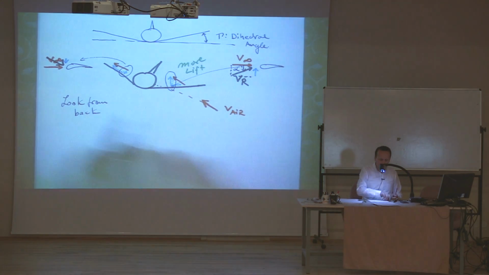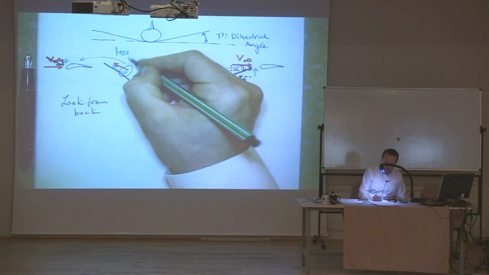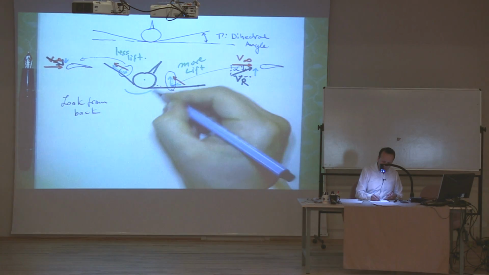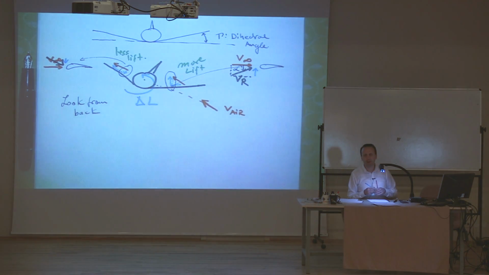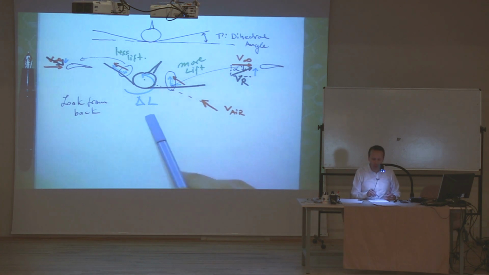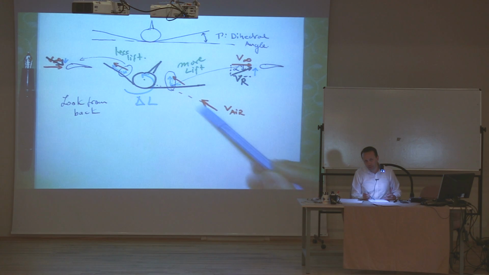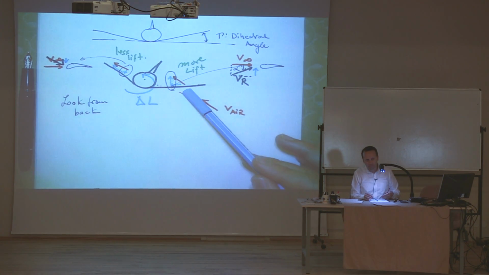So because it is reduced, you have less lift on this side. More lift, less lift. You have generated yourself a wonderful moment that will turn you back into the original state. And that happens because you're sliding down. Therefore, you have this velocity coming from the side. And then you have that moment that rotates you back.